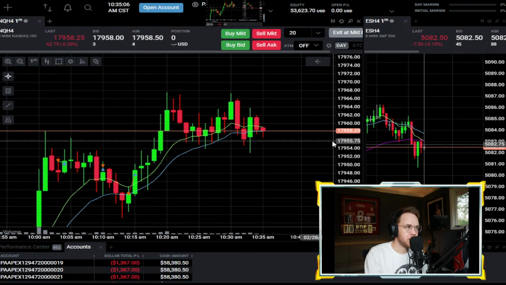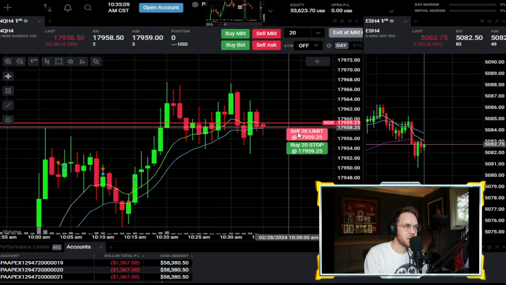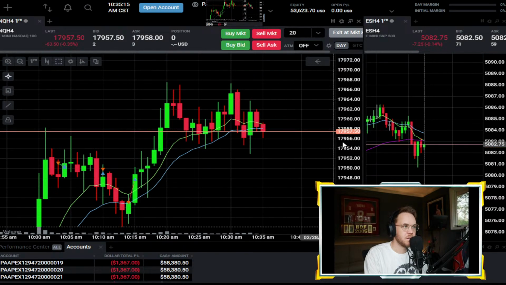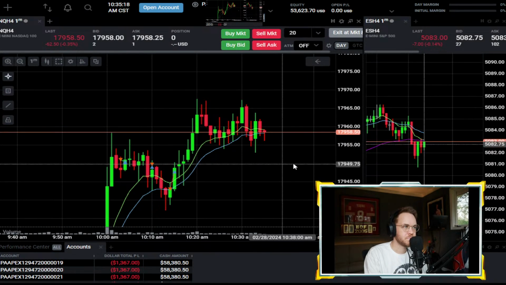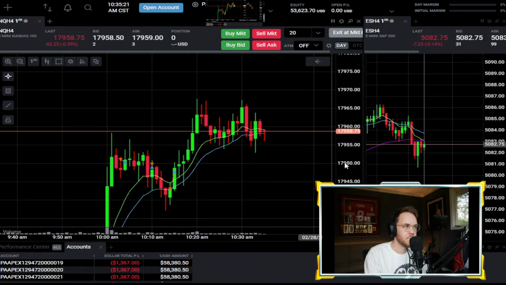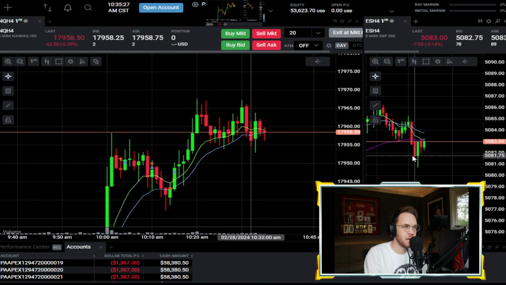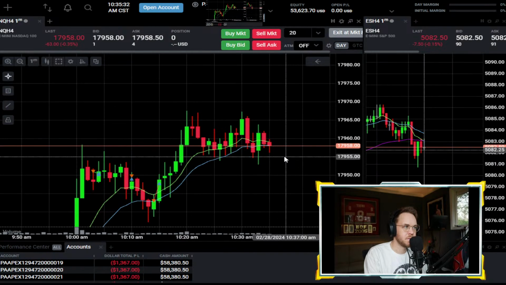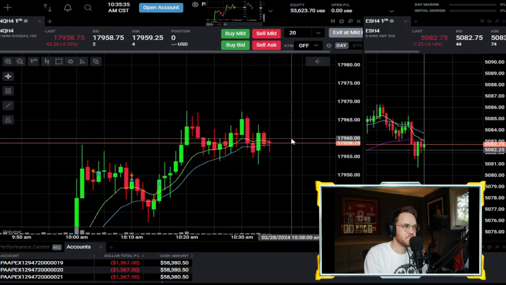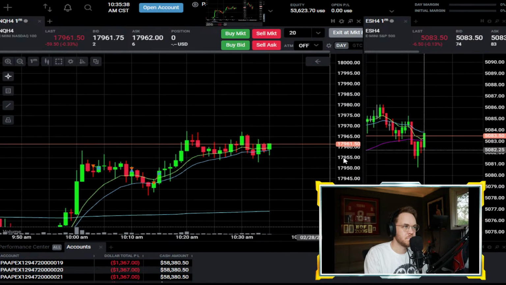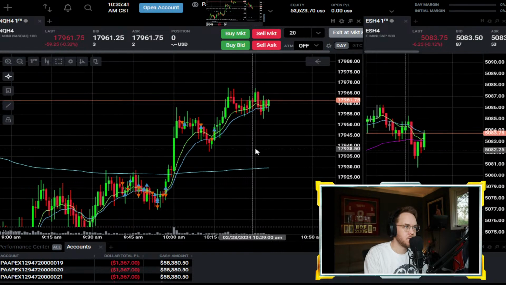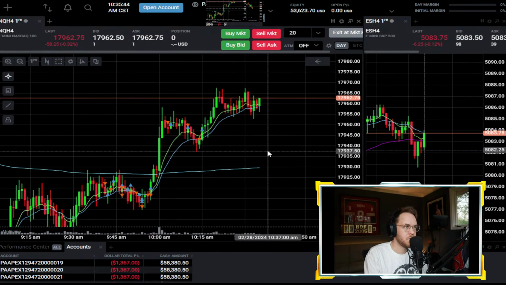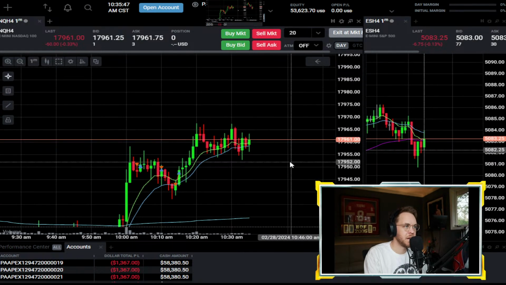All right. Looks like we might get that drop finally. ES is starting to show a little bit of strength. Nasdaq turning back around. Man.